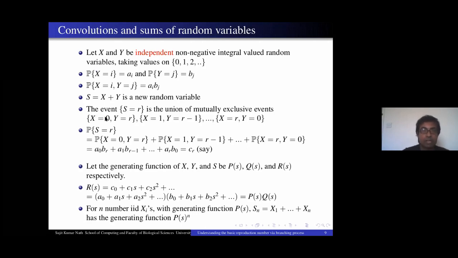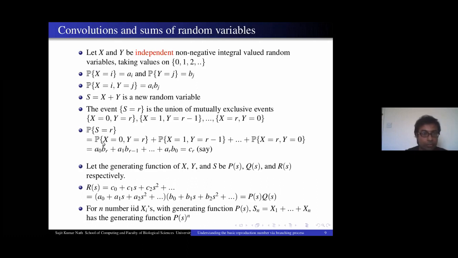Now if we ask what is the probability of the event s equal to r, there are many events which can give rise to s equal to r. When x equal to 0 and y equal to r, then the sum is r. When x equal to 1 and y equal to r minus 1, then again the sum is r, and so on. So there are mutually exclusive, non-intersecting events in the probability space which can give rise to the event s equal to r.